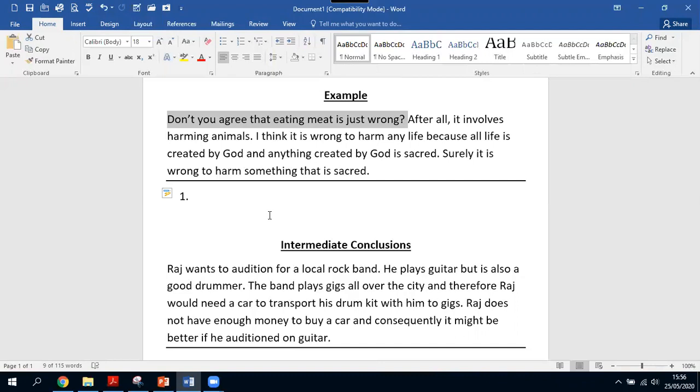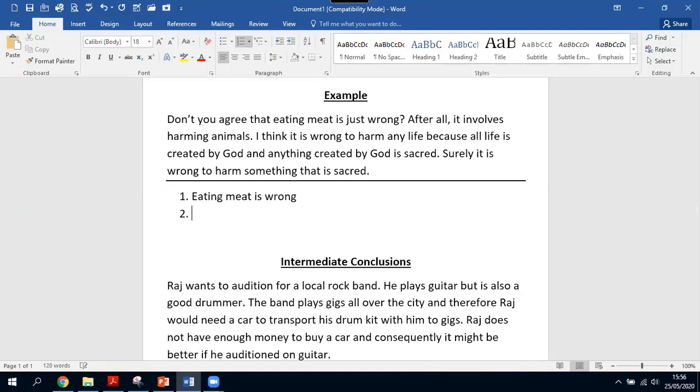A rhetorical question is used to serve as a statement, and what it's doing is it's just implying that the content of this question here is true. So we can reword this rhetorical question as eating meat is wrong. So what that rhetorical question is doing is implying that it's wrong. Well, don't you agree that eating meat is wrong? That implies that eating meat is wrong.